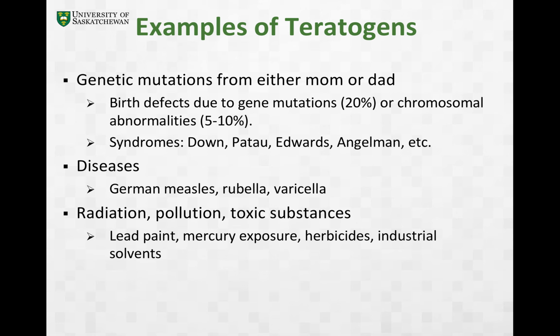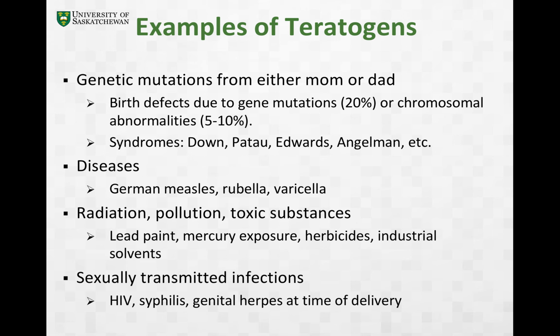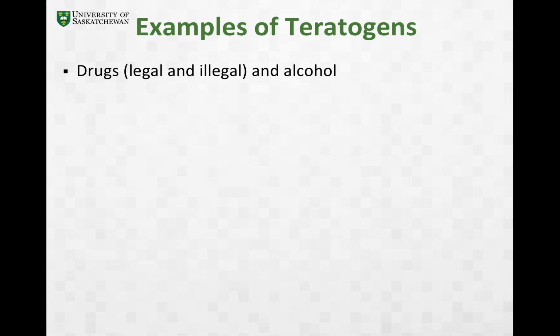And it's a very unfortunate thing because it's something that we can do something about. Sexually transmitted infections during this time period can also harm the developing fetus, in particular HIV, syphilis, or genital herpes at the time of delivery, all of which are teratogens that have a negative impact on the fetus.